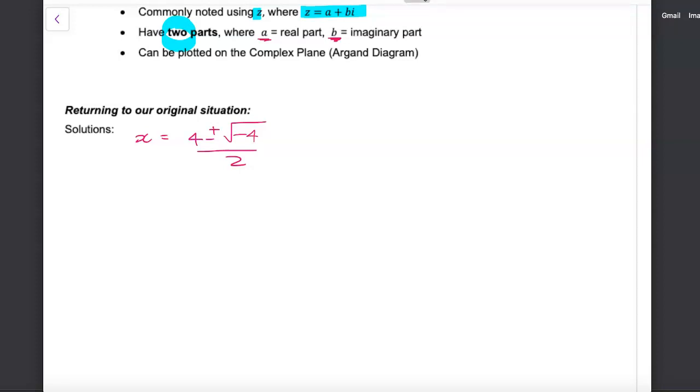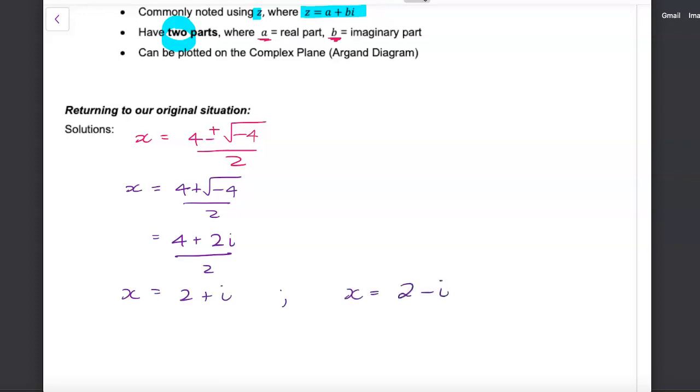If we take 4 plus the square root of -4 on 2, we can simplify this down to 4 plus the square root of 4, which is 2, and the square root of -1 is i, over 2. So x is actually 2 plus i, or if we took the negative, x would equal 2 subtract i.